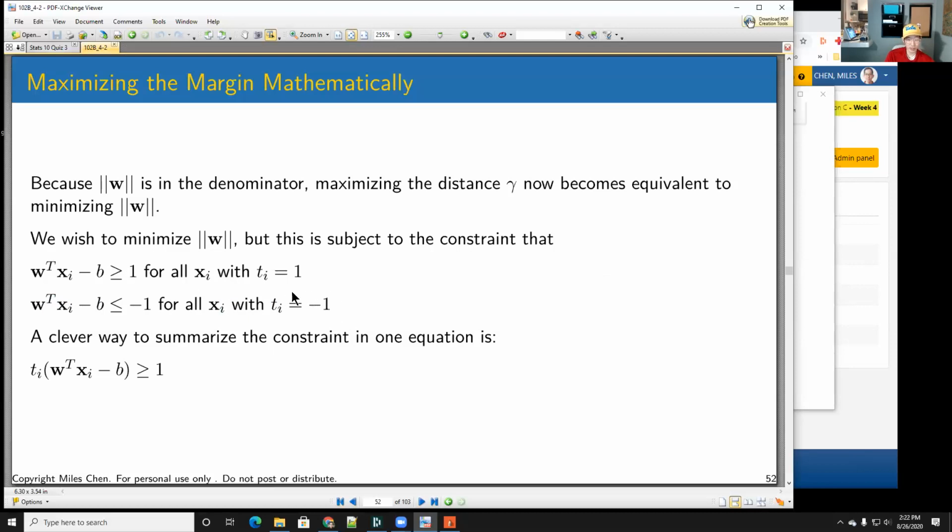A clever way to summarize both of these constraints into one is to say that the product of the label, which is either plus or minus 1, times whatever value gets output, has to be greater than or equal to 1, because the negative will multiply the negative. And so we can combine both of these constraints into one statement here.